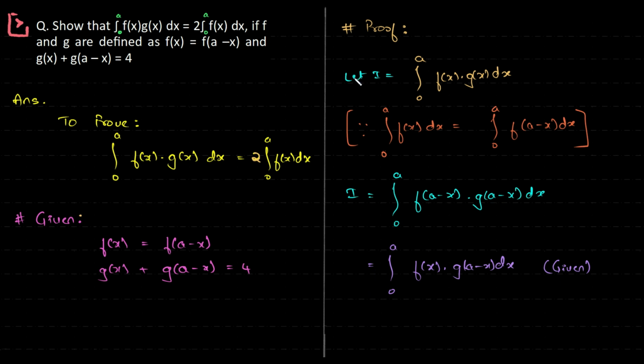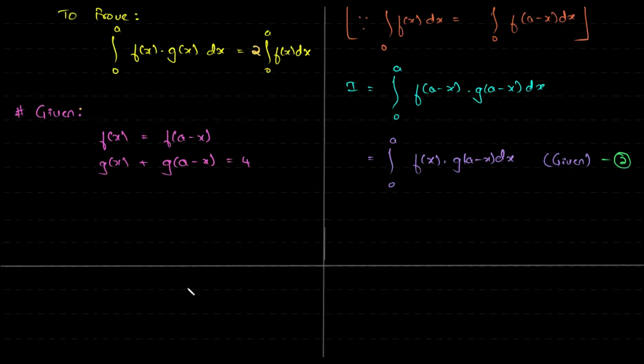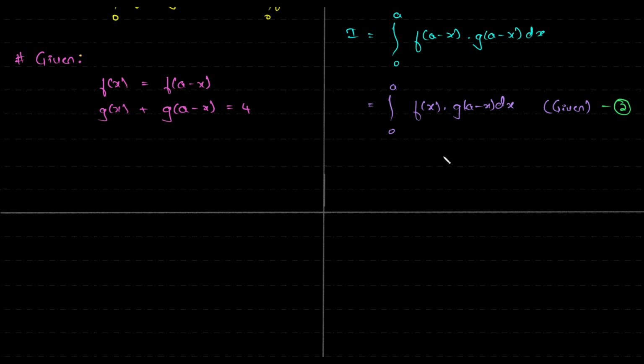So what should I do next? What do you think the next step should be? Yes, adding 1 and 2. So if I add 1 and 2, let me do it here.